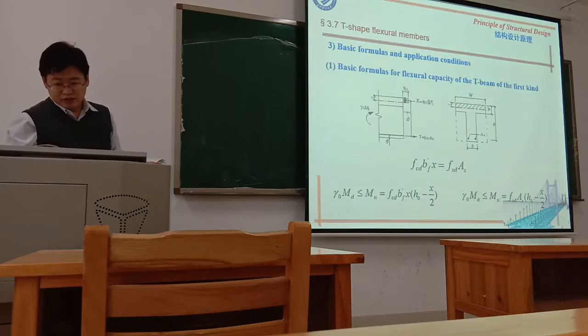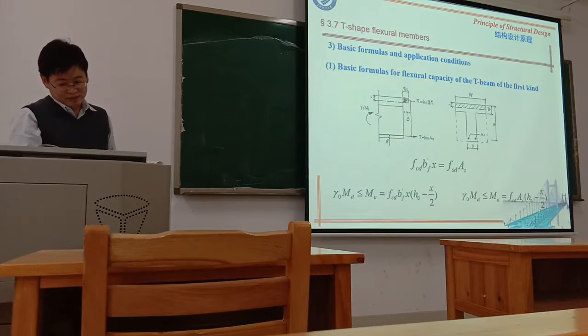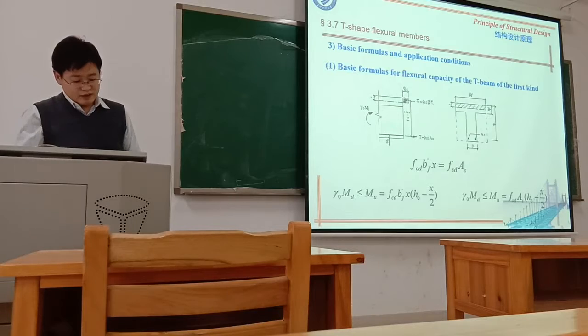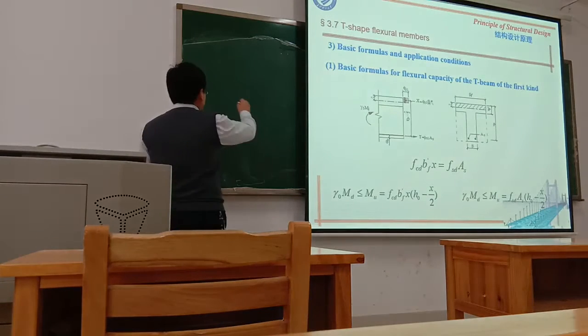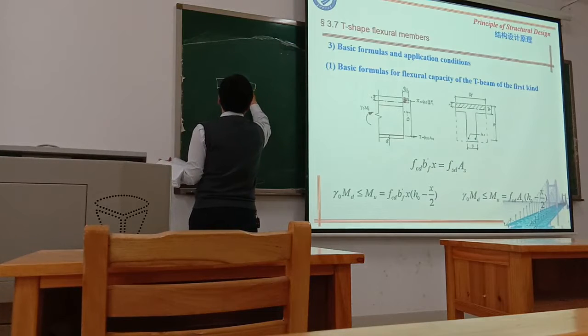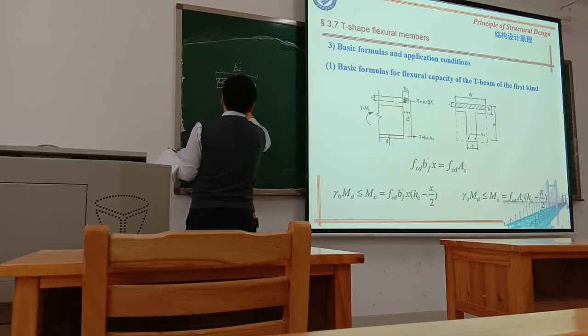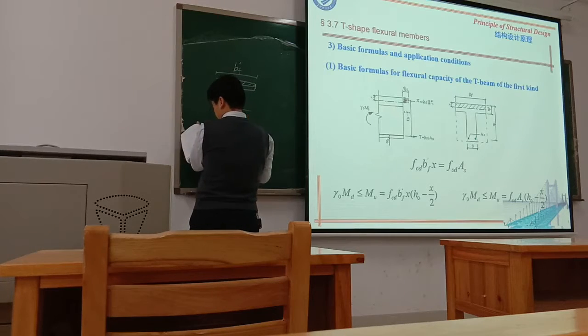Let's see, we have B prime F. We need to write this formula. You don't need to remember it, just remember the symbols, and I think you can write it by your understanding.